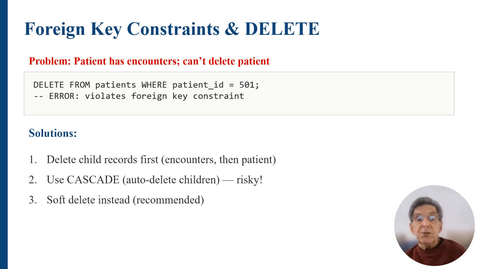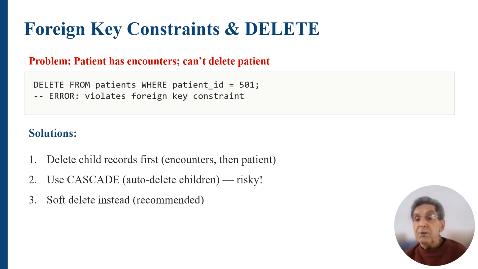All right, foreign key constraints and delete. Let's talk about those. Even when you want to hard delete a record, the database may stop you because of foreign key constraints. Think about this very carefully. Let's look at this example. We're trying to delete patient 501, but the database throws an error because that patient has had encounters.